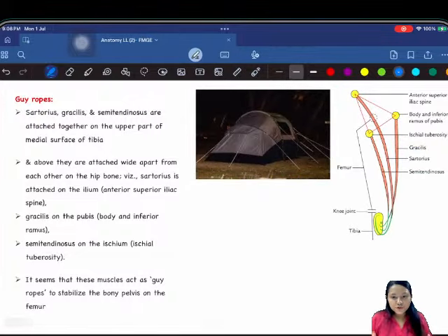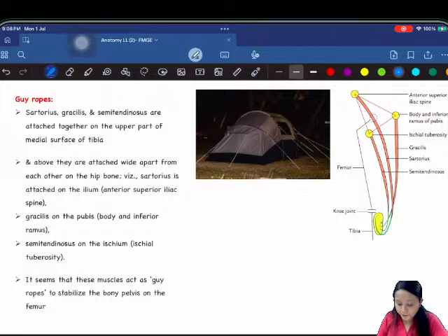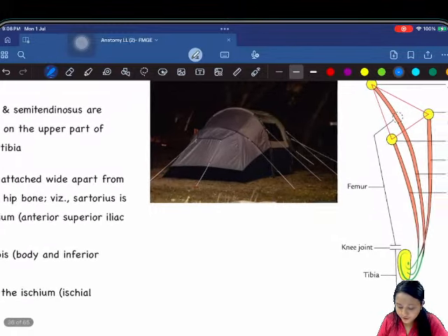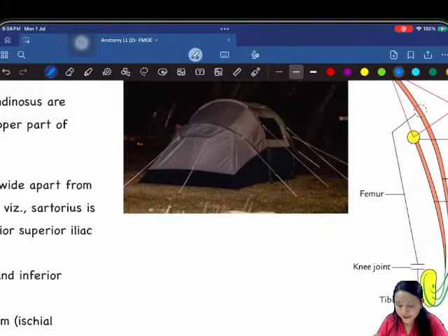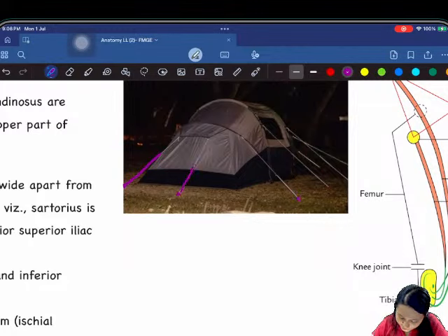Now let us come to a term which is known as guy ropes. What do we mean by the word guy rope? The meaning is this: you have seen a tent, right? When you set up a tent in a jungle, you can see those ropes which are holding the tent and giving tension. These ropes are called guy ropes.